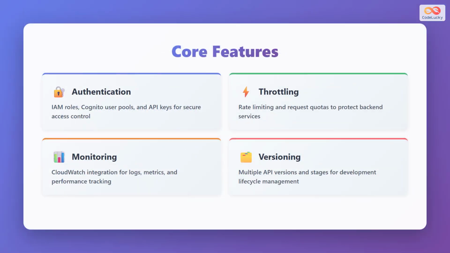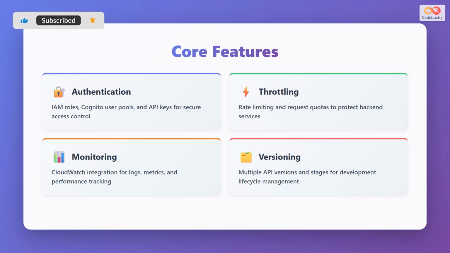API Gateway comes packed with powerful core features. For authentication, it supports multiple methods including IAM roles, Cognito user pools, and API keys, giving you flexible options to secure your APIs. Throttling capabilities provide rate-limiting and request quotas to protect your backend services from being overwhelmed by excessive traffic.